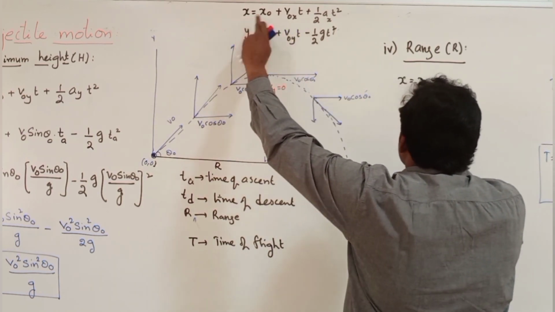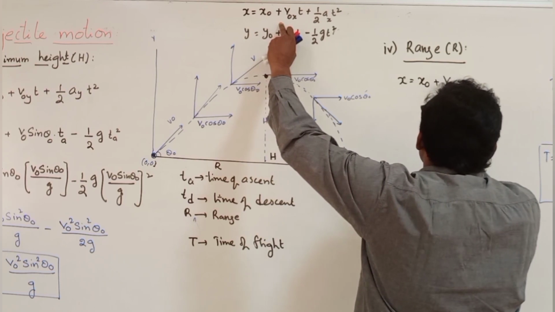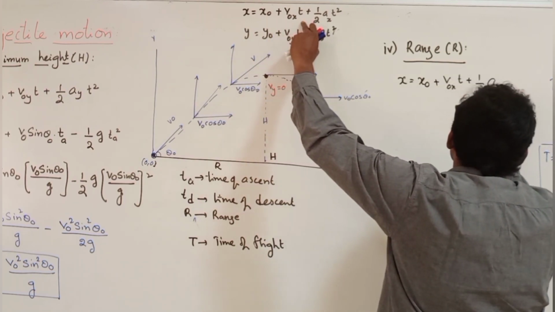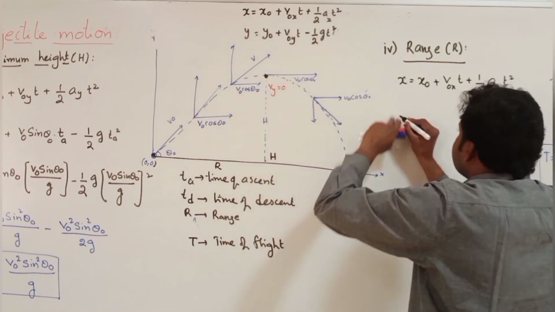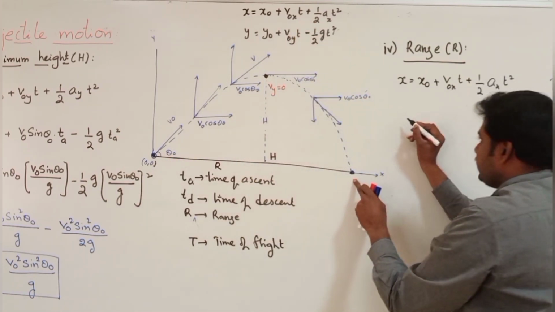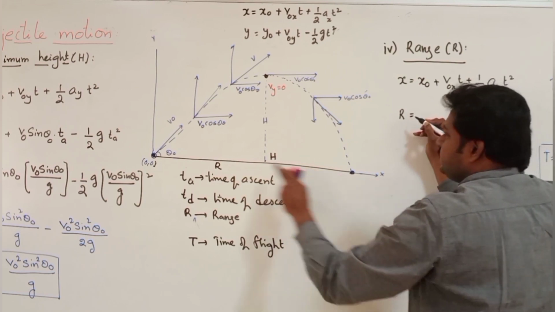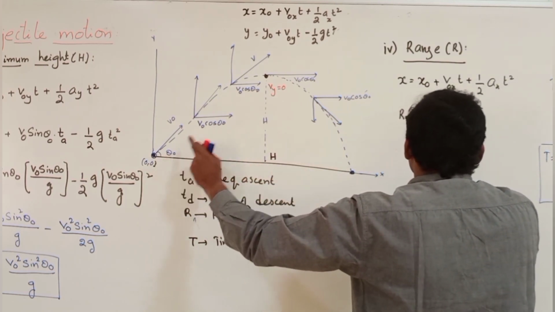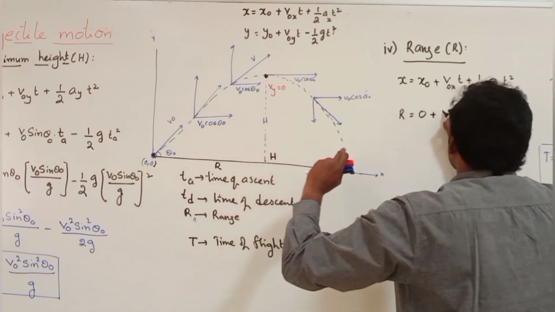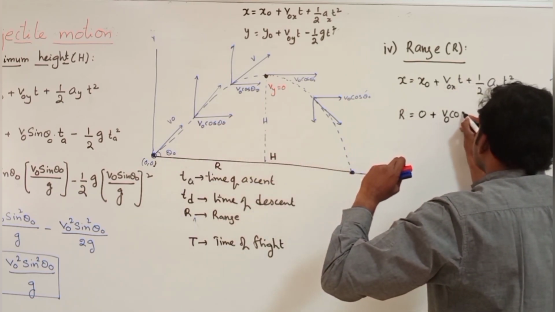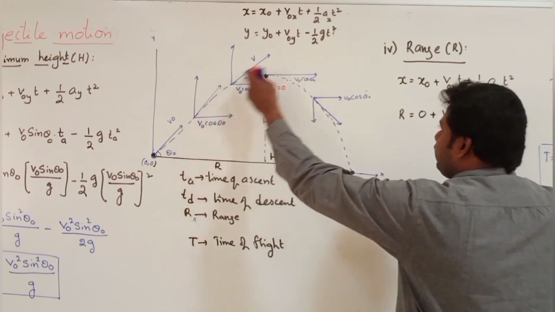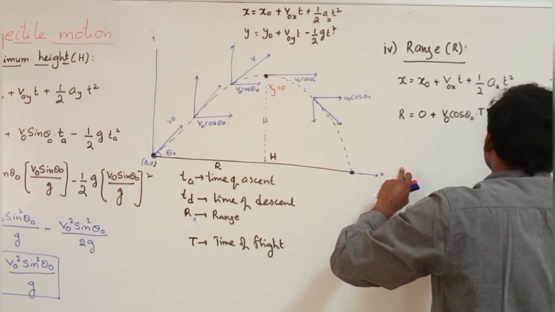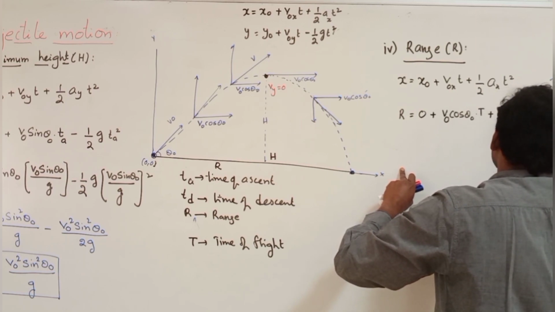x is equal to x naught plus v naught x t plus half a x t square. The distance covered is R. Initial, it starts from origin 0. v naught x is v naught cos theta naught. What is the time covered? Capital T, plus half into 0 into t square.